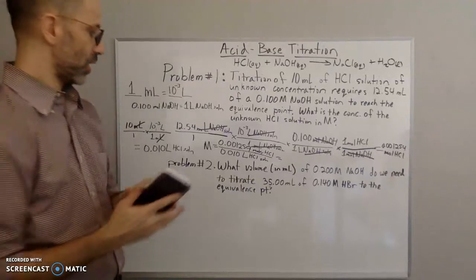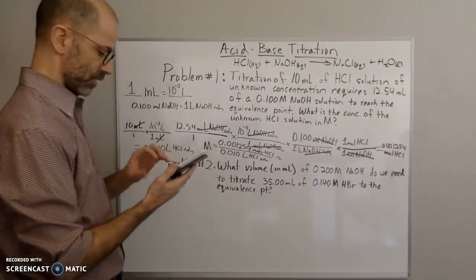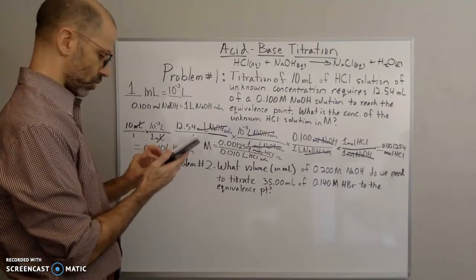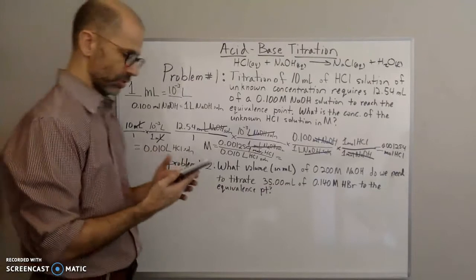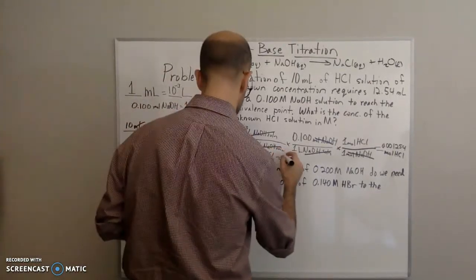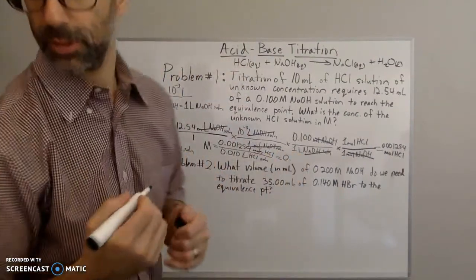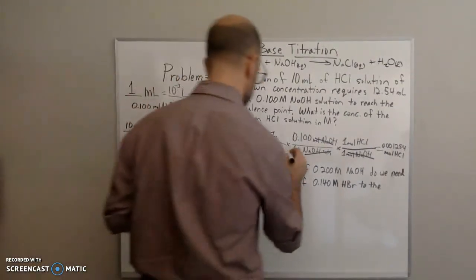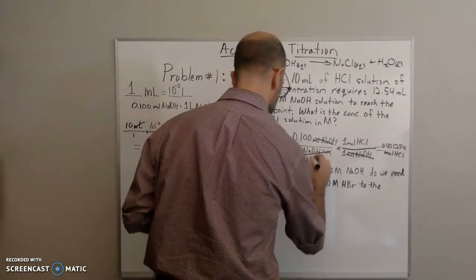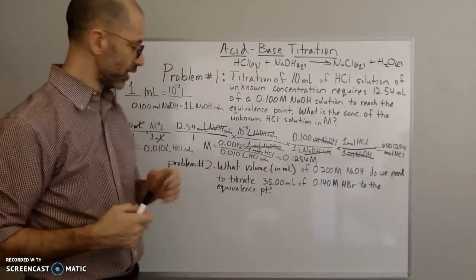And so here, I take this and divide by 0.010 equals, and there the molarity is 0.1254 molar. And so that is the molarity.